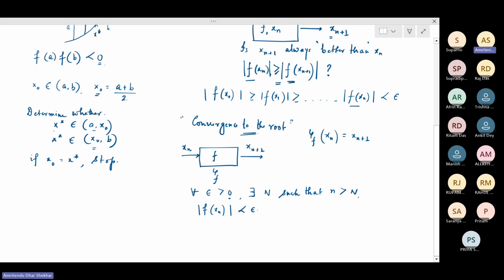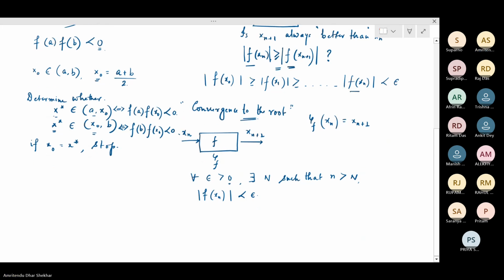This is equivalent to saying that f of a times f of x0 is less than 0, and this is equivalent to saying that f of b times f of x0 is less than 0. Either one of these conditions would be true; both cannot be true. Depending on which condition is true, you take a subsequent estimate.